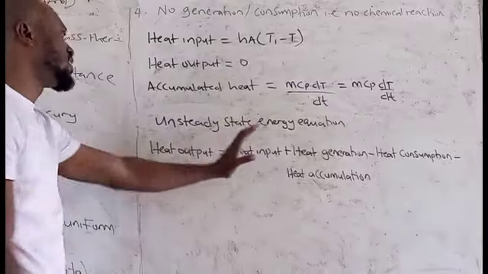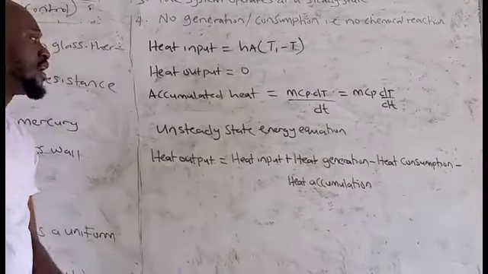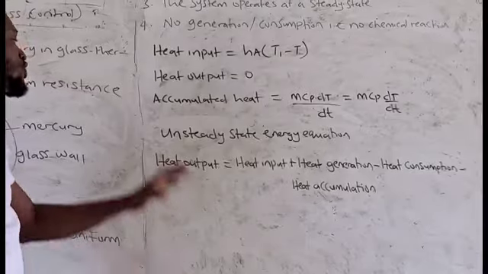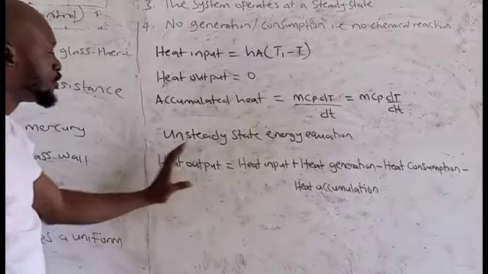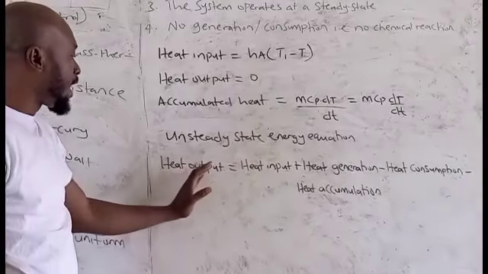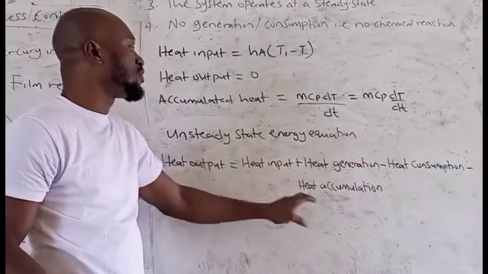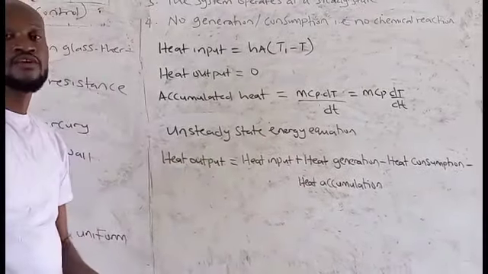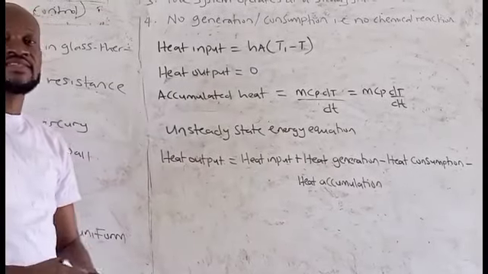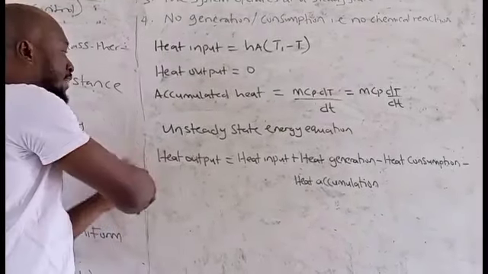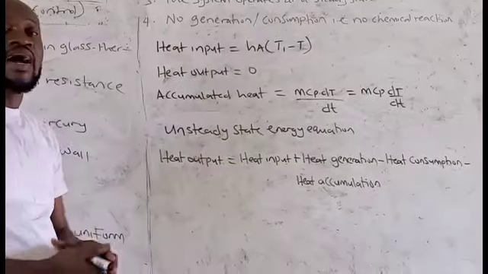Now, this is the unsteady state energy equation. It is called unsteady state because in this equation you have heat output, heat input, heat generation, heat consumption, and heat accumulation. For it to be steady state, heat input will equal heat output.